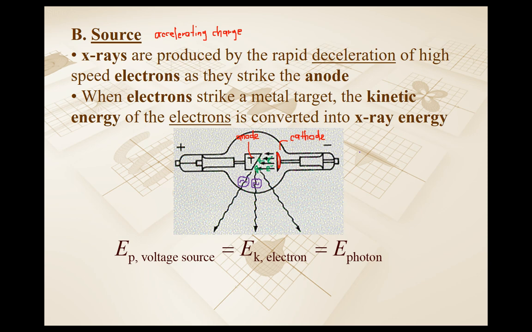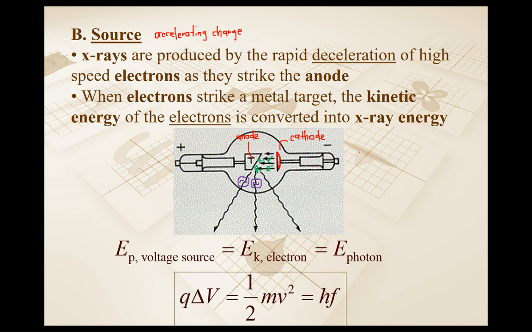Therefore, the electrons get kinetic energy. And then when one of those electrons strikes the anode, it decelerates or accelerates in the opposite direction, and that produces an X-ray photon. I sincerely doubt that it's perfect energy conservation, but we're just going to go along with that for the time being and make that assumption.